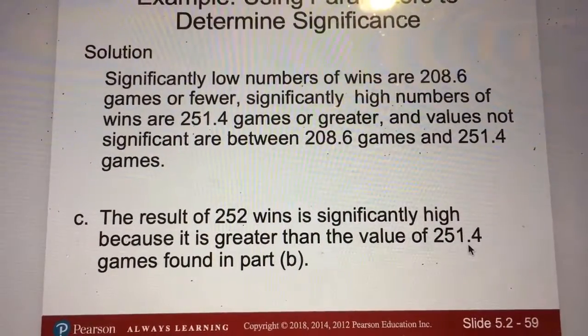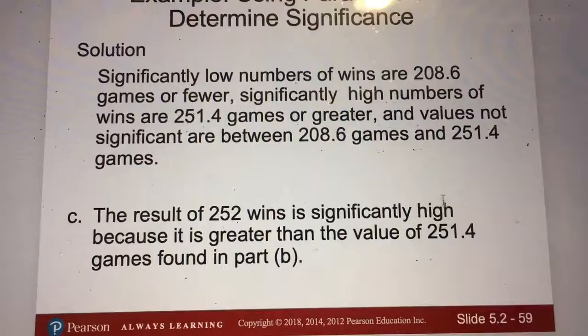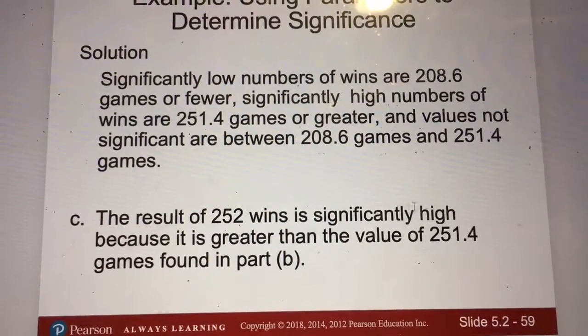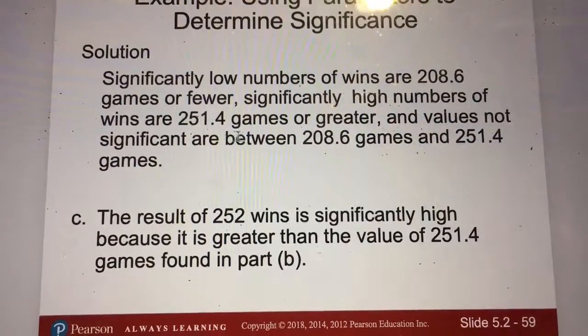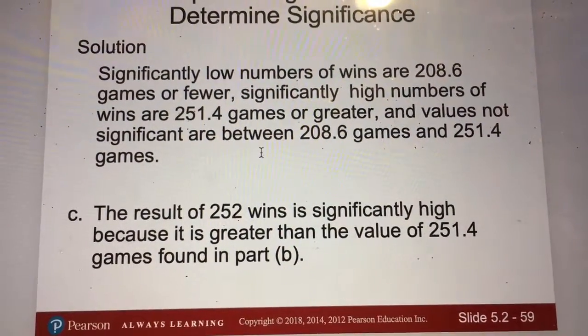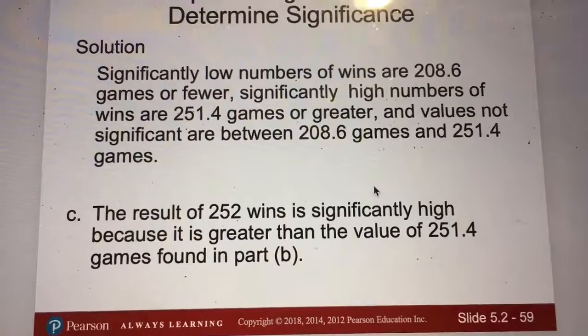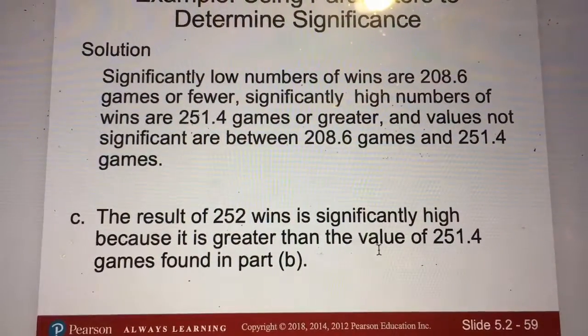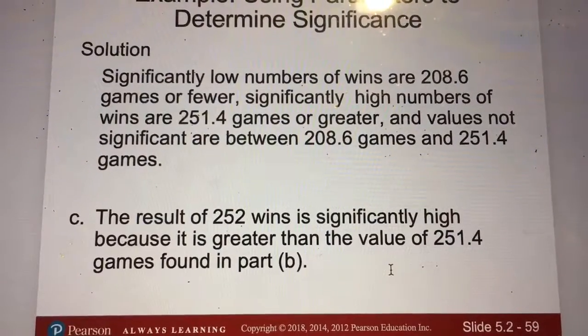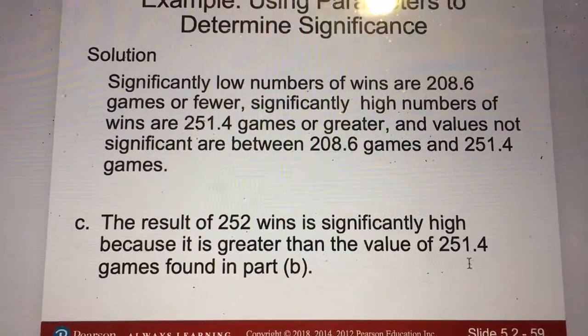Okay, so we're going to say it is significantly high numbers of wins because it's greater than 251.4 games and not in between the two. So the result of 252 wins is significantly high because it is greater than that extreme value there.